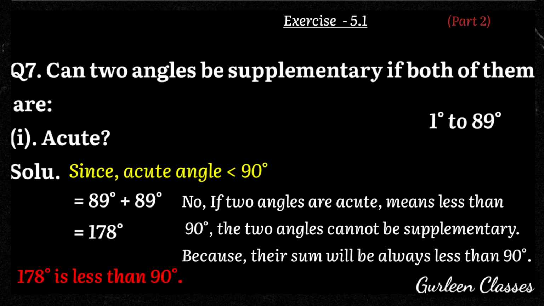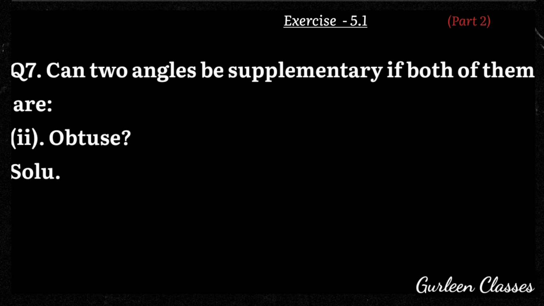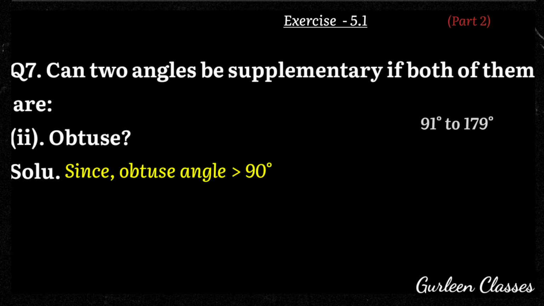So answer is no. Second part, obtuse. अगर आप दो obtuse angles लेते हैं, can they be supplementary? So students, obtuse angles are more than 90 degree but less than 180 degree. So it will lie from 91 degree to 179 degree.